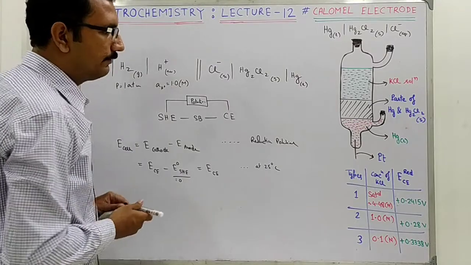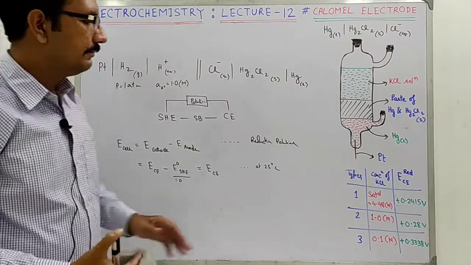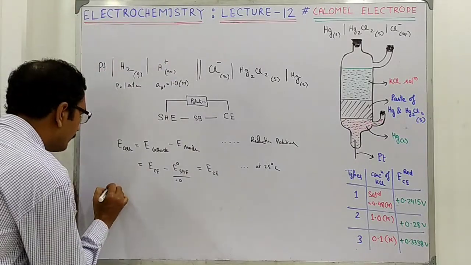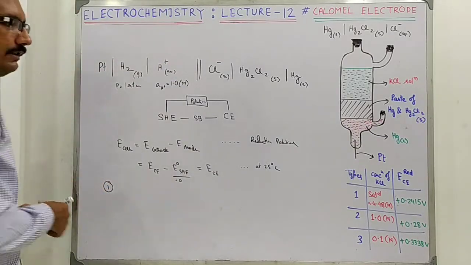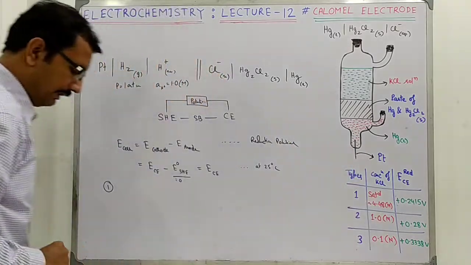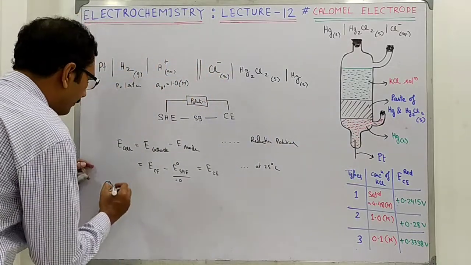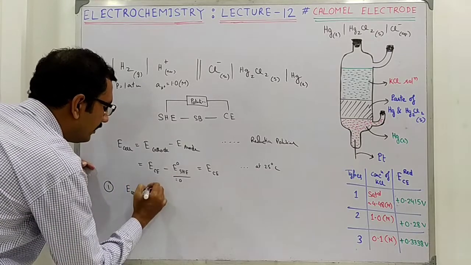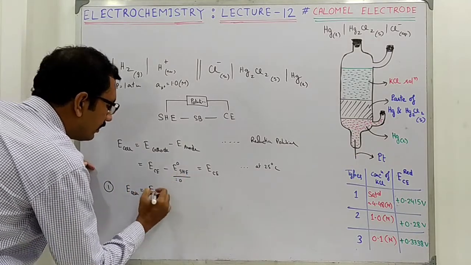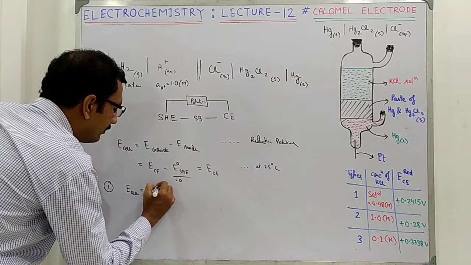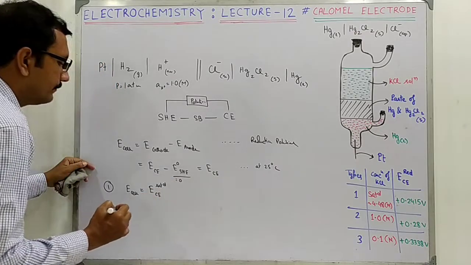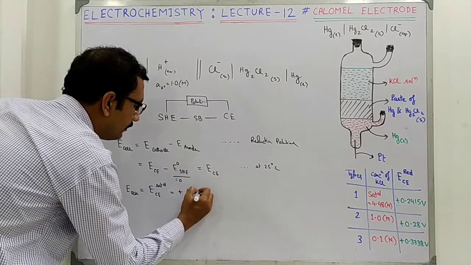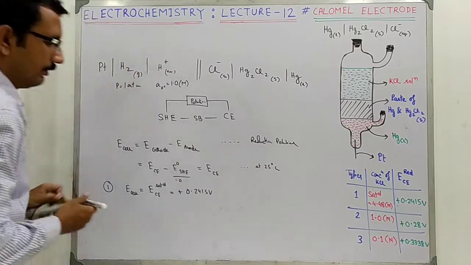Now, when we are taking saturated calomel electrode, that is case 1, we are getting this E cell, which is equal to the reduction potential of the calomel electrode, and we mention here saturated, plus 0.2415 volt.